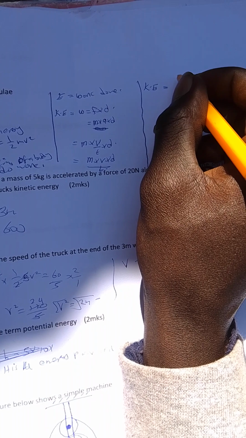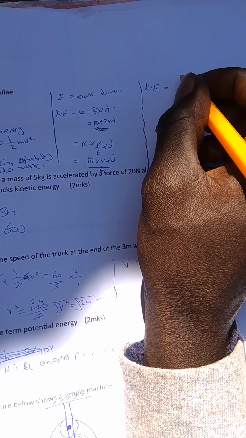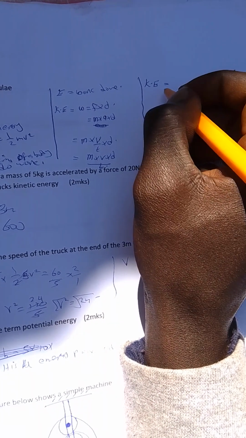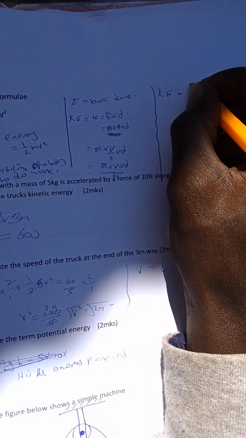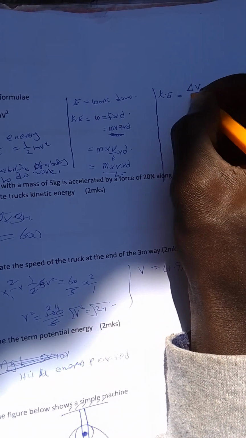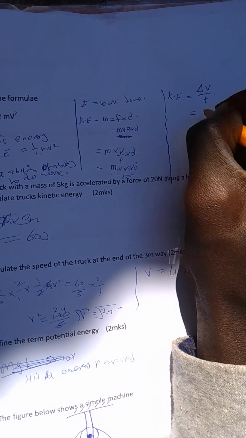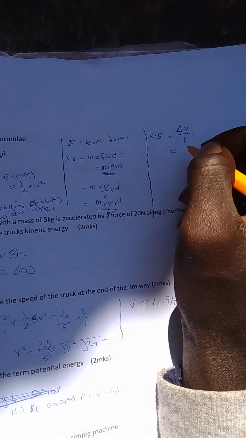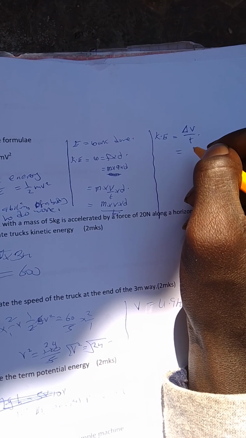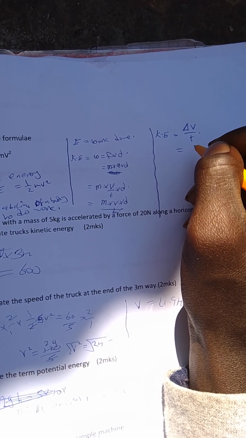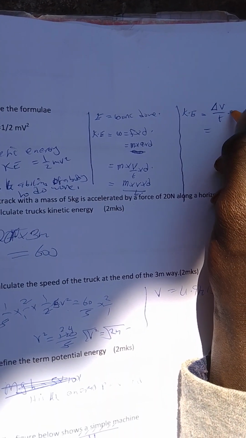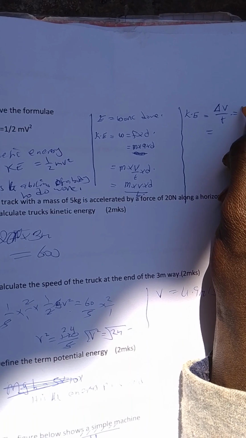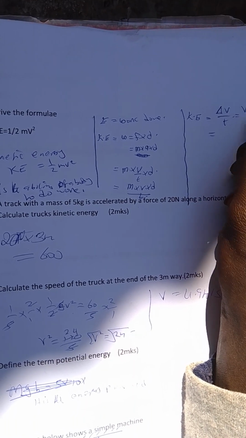Now we have change in velocity over time. Change in velocity over time, this is v minus u over t.